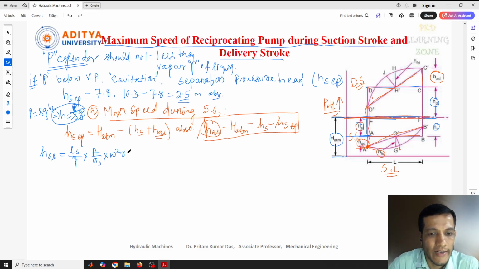So here we get this equation. Suppose this is equation number 1, and this one is equation number 2.